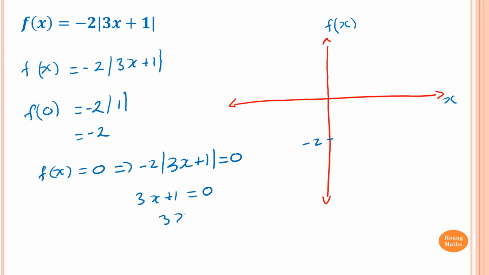So 3x equals negative 1, so x is negative 1/3. All I need to do now is connect this together, this and this, just like that. This is how you draw f(x) equals negative 2 times the absolute value of 3x plus 1. Thank you so much for watching.